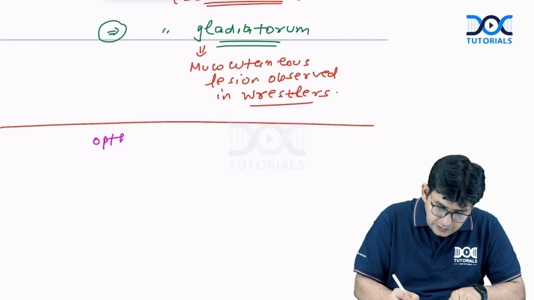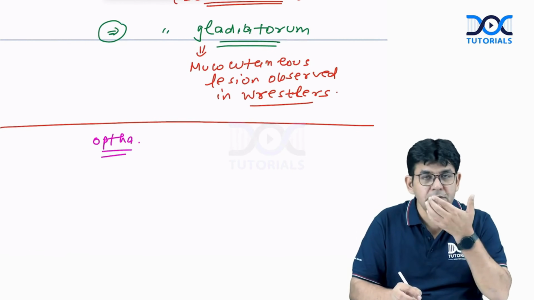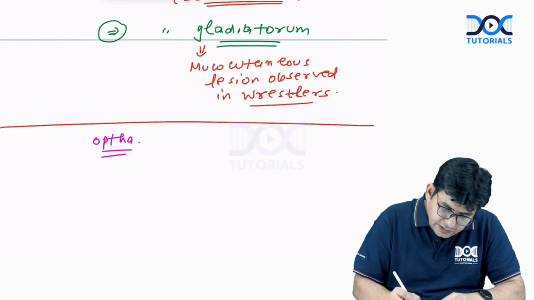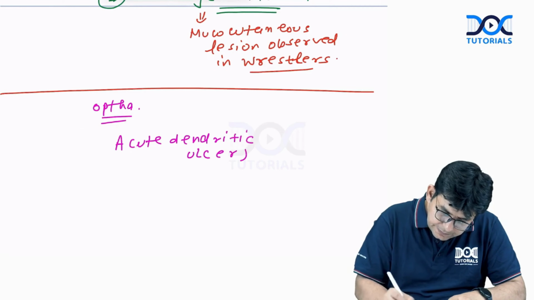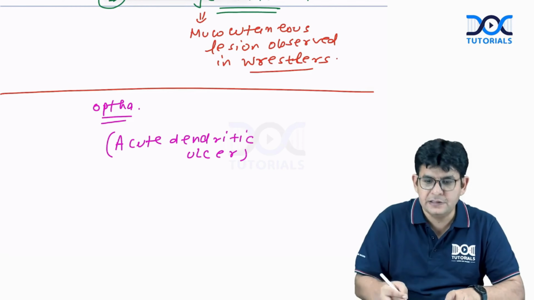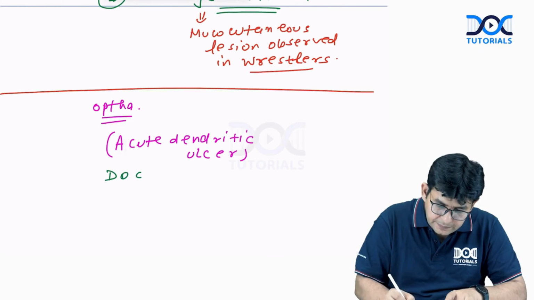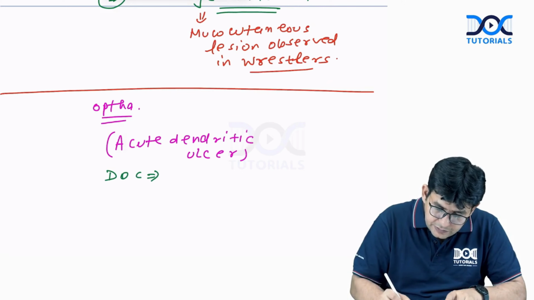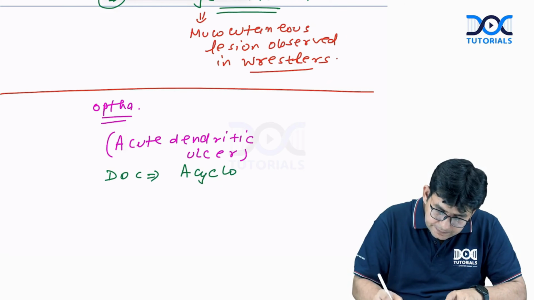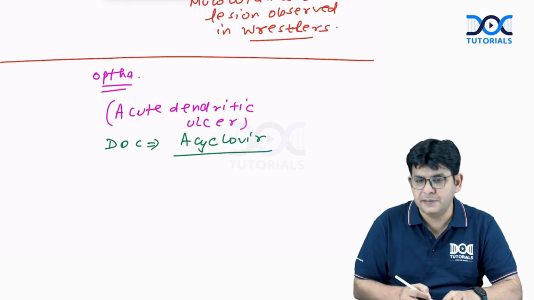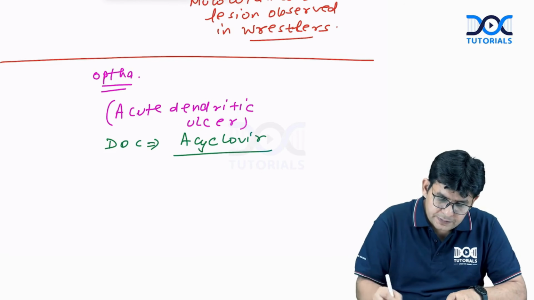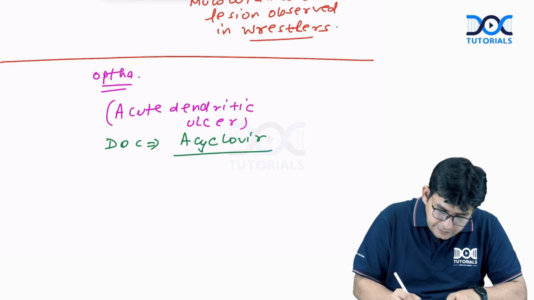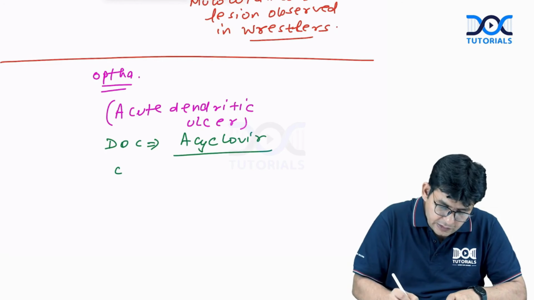After that, if we talk about the ophthalmic involvement, the eye involvement, it leads to the formation of acute dendritic ulcer. And for acute dendritic ulcer, what is the drug of choice? Important: the drug of choice is acyclovir, used in the form of eye drops, topical. And which drug is contraindicated?